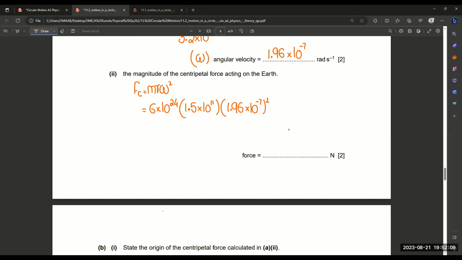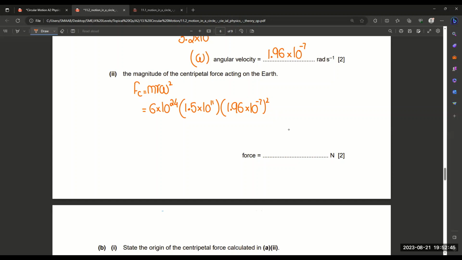Just multiply the terms, and you will get the value of force. Or you can also do it like this: 6 multiply 1.5 multiply 1.96, then combine the exponent values, because we know in multiplication we need to add them. So you can also use that concept.